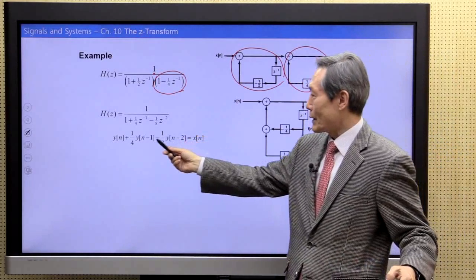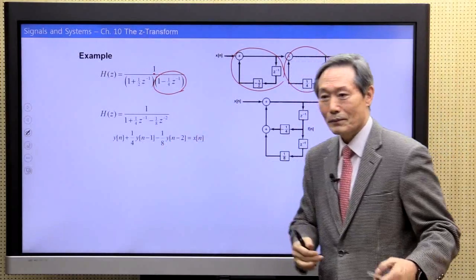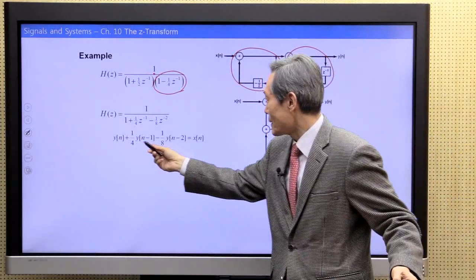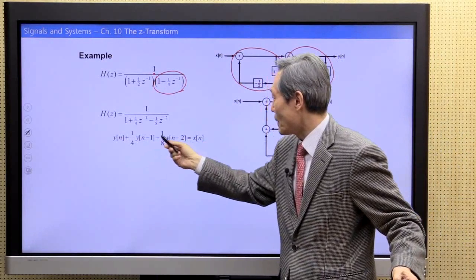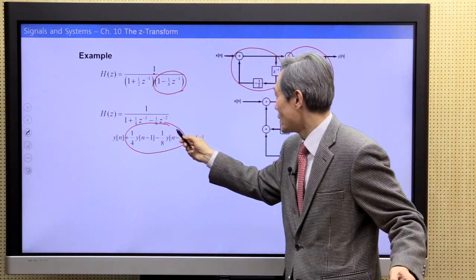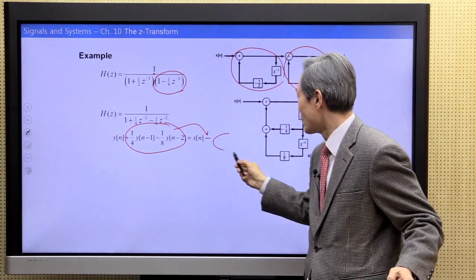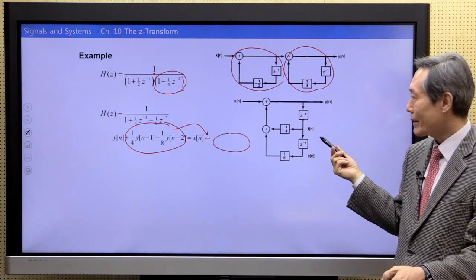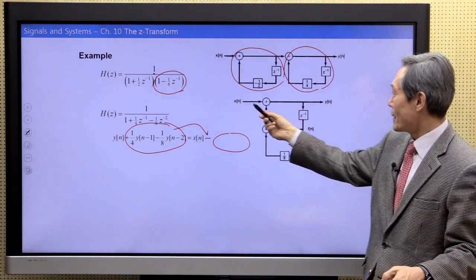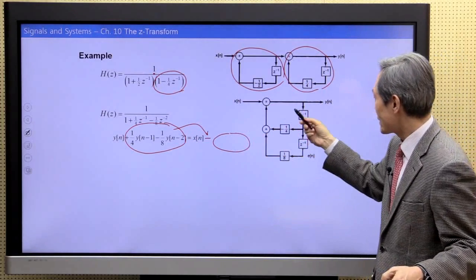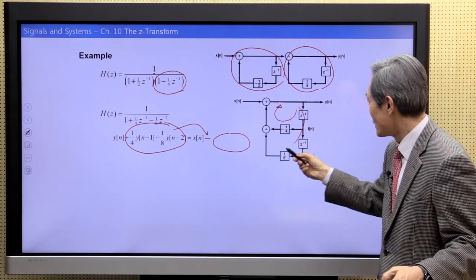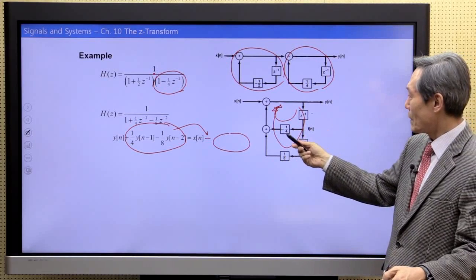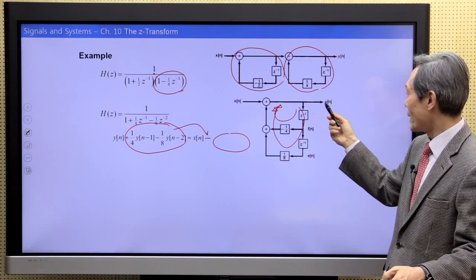And from that we can write down that time domain expression, which says yn is xn minus this one minus that one. So from this drawing, this block diagram, you can check that. Say this yn is xn minus this minus that. The first term is a quarter of yn minus 1.